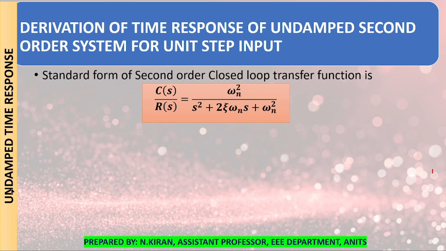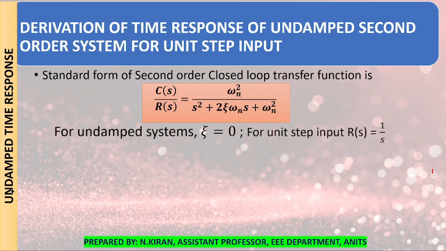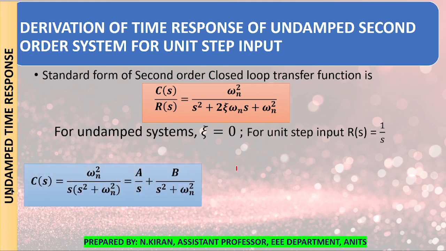This is the standard form of the second order closed loop transfer function. Since zeta is equal to 0 and it is a unit step, R(s) is equal to 1 by s.